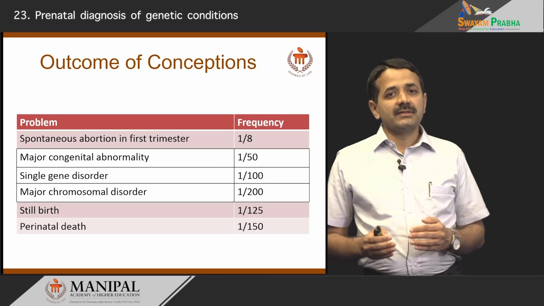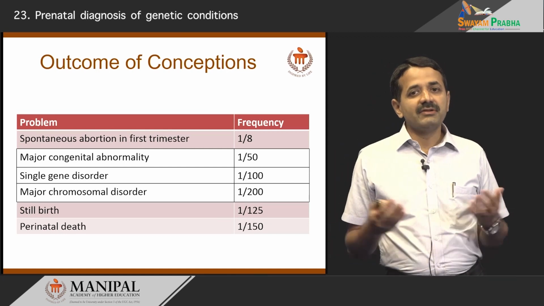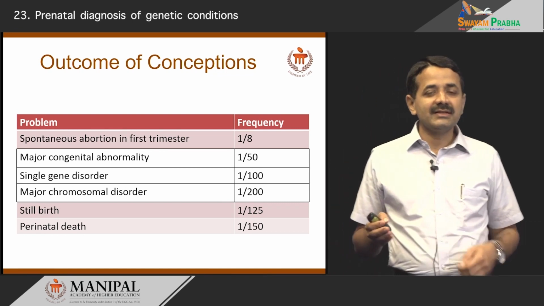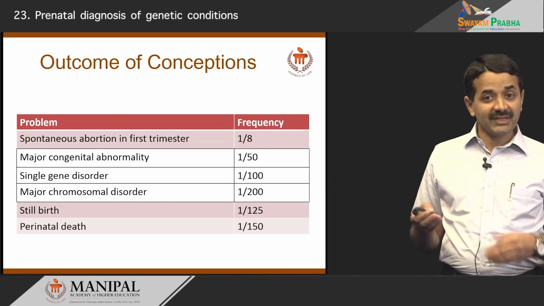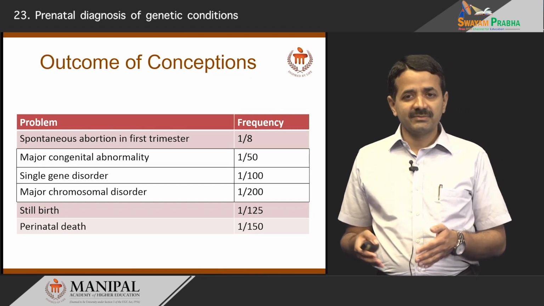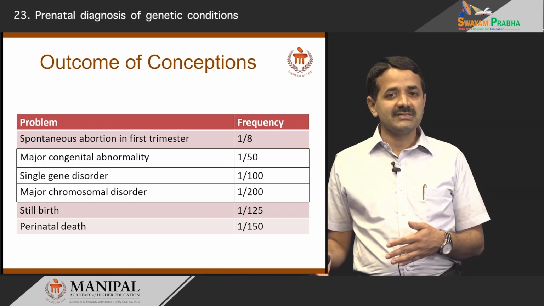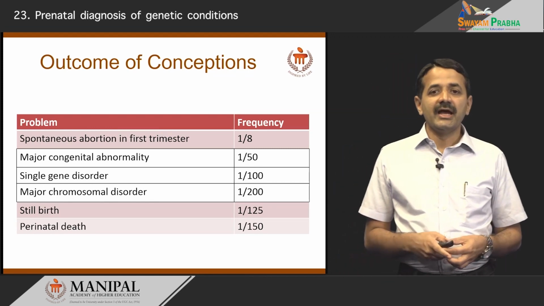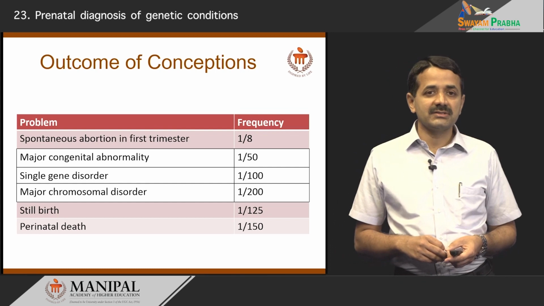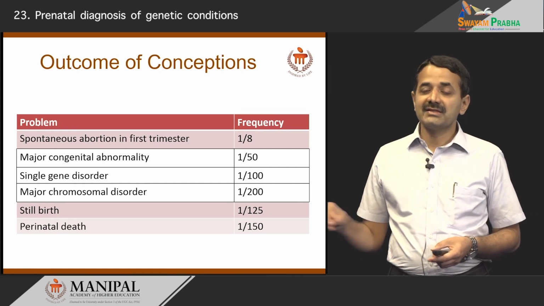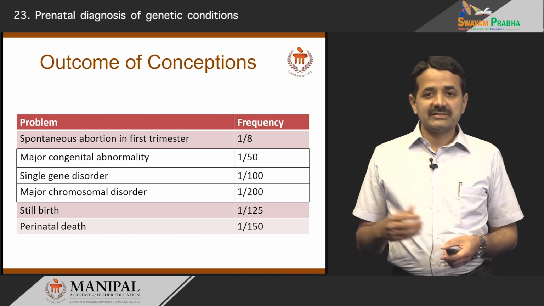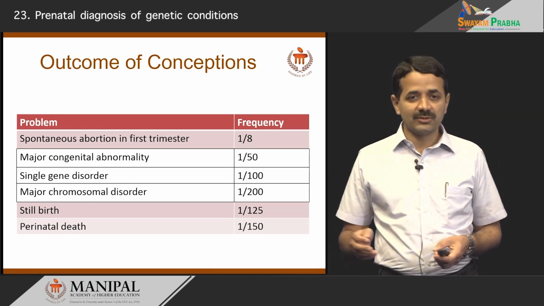If you see conceptions, everybody wishes to have a normal baby at the end of 9 months, but this does not happen in some situations. And 1 in 8, sometimes we say 1 in 6 pregnancies end up in abortions, and 1 in 50, that is 2 to 3% of the births, have a major congenital abnormality, and some of the pregnancies or babies are affected with single gene disorders.